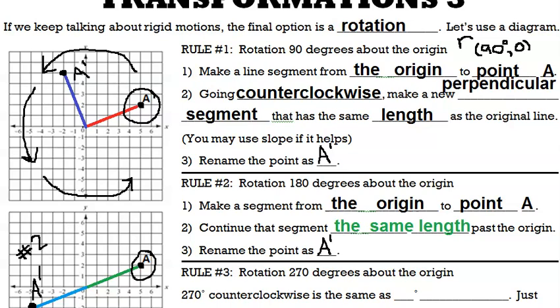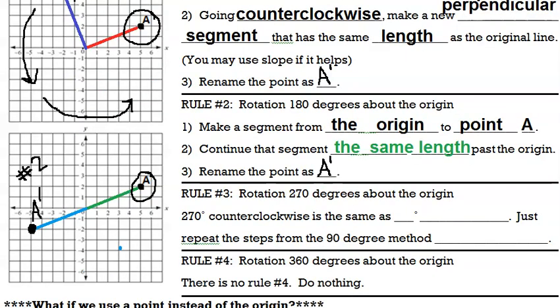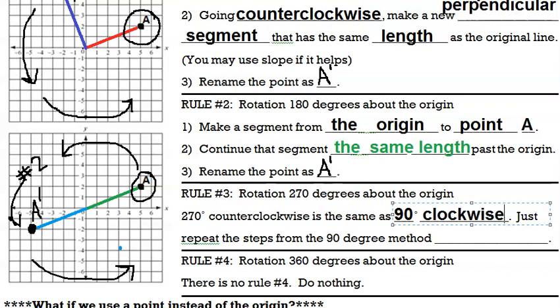Now, what that means is that if we were to do 90, 180, 270, we should land somewhere over here. But we don't really need a new rule. And the reason we don't need a new rule is because 270 counterclockwise is actually just the same as 90 clockwise. So instead of worrying about going here and then going here and then going here, that would be silly.